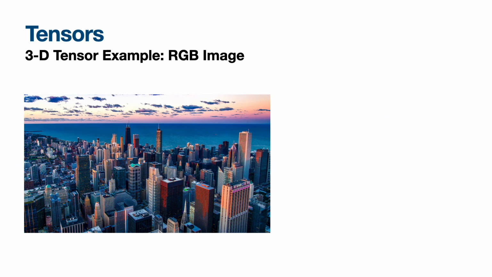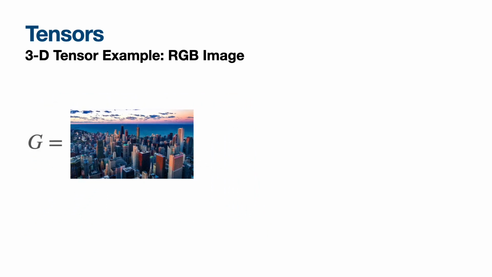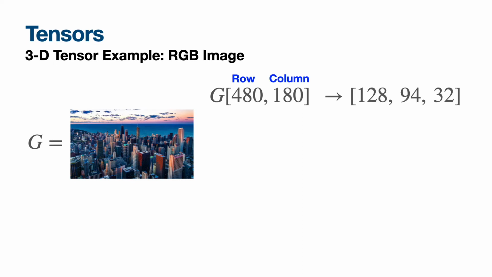We want to know how to represent the RGB image as a tensor. Let's call it G. We know that if we specify the location of a pixel, we get 3 values, a vector of RGB color intensities. A vector is a 1D tensor. To obtain a value from it requires another axis value.